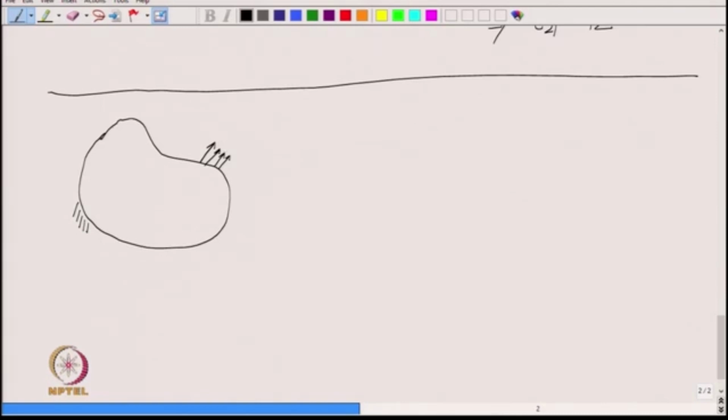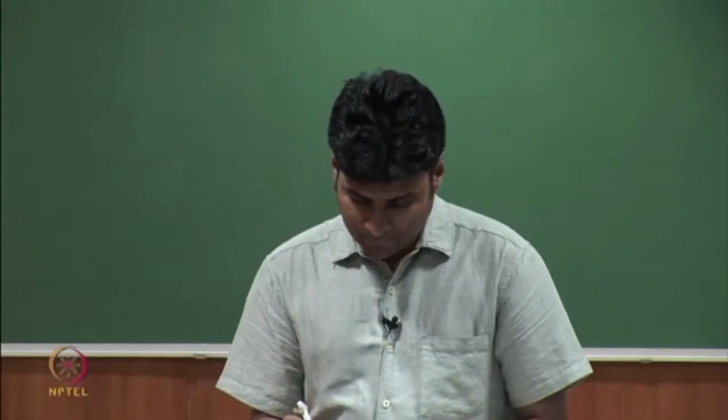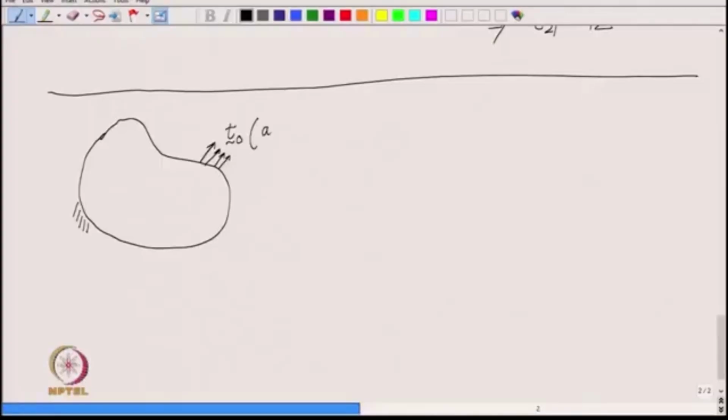Okay. And say this load, which is force per unit area, its magnitude is T naught. Okay. So, this is externally applied, it is applied by something which is not a part of the body. So, I will write here: applied by external agent.